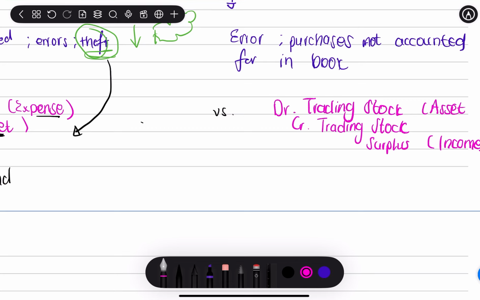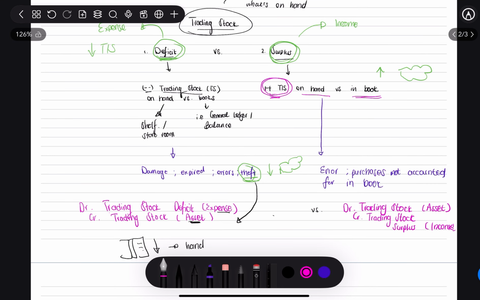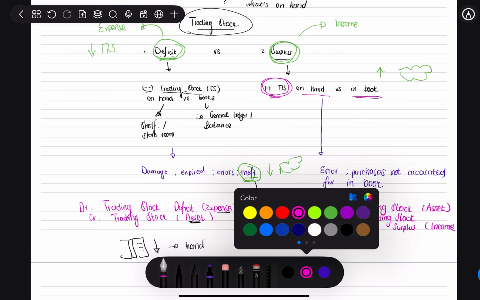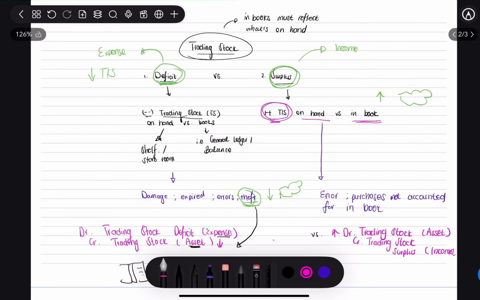We are saying we sold certain trading stock or we purchased certain trading stock, but we didn't account for it in our books. So we need to bring up our trading stock balance by the difference between what's on hand and what's in the books. I hope this is making a bit of sense. If it's not, please do leave your questions in the comment section below.